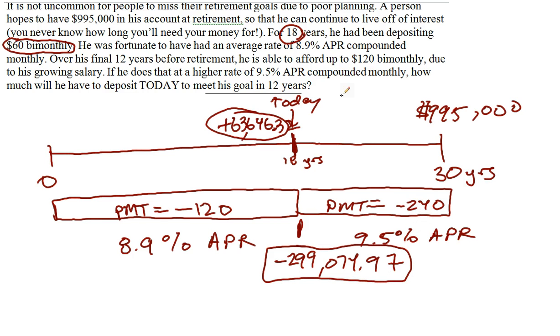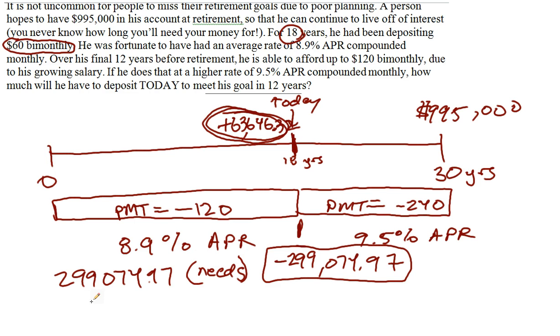But look where he is. He's at $63,646. So in comparison to what he has, $299,074.97, this is what he needs.